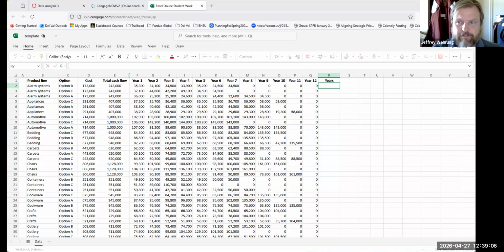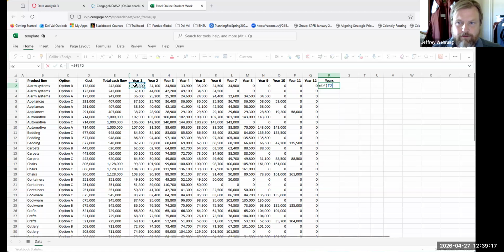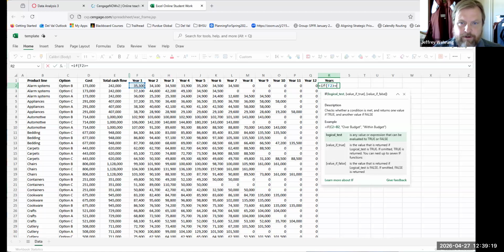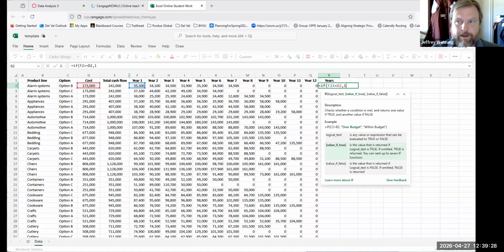So we're going to use a nested if function. Sadly, I don't know a better way to do this without the nested if function. But okay, so we do if. We're going to start out by saying, if year one cash is greater than or equal to our cost, then we say it's a 1-year payback.